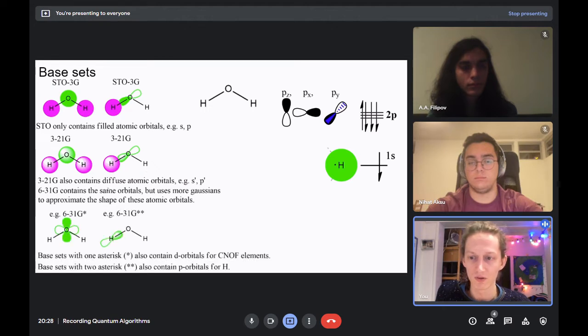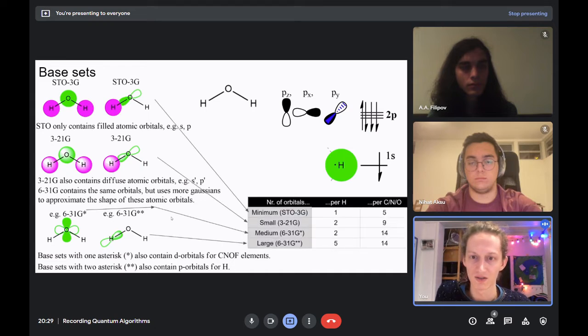If we also want to model the dipoles on the hydrogen and the oxygen better, then we have to include an asterisk, which includes d orbitals on oxygen or p orbitals on hydrogen to polarize the electron cloud in one or two directions.